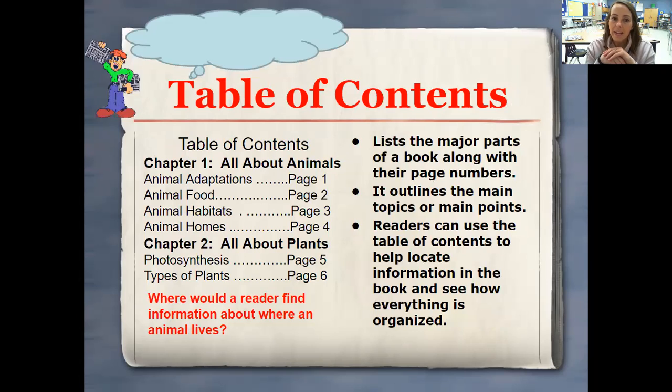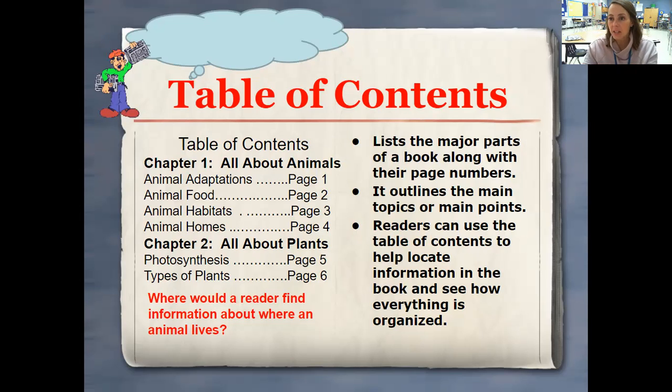So this is our first example that we're going to look at. This is called a table of contents. And so guys, you would find a table of contents at the very beginning of a nonfiction book. It lists all the major parts of a book along with their page numbers. It outlines the main topics or main points, and readers can use the table of contents to help locate information in the book and see how everything is organized.